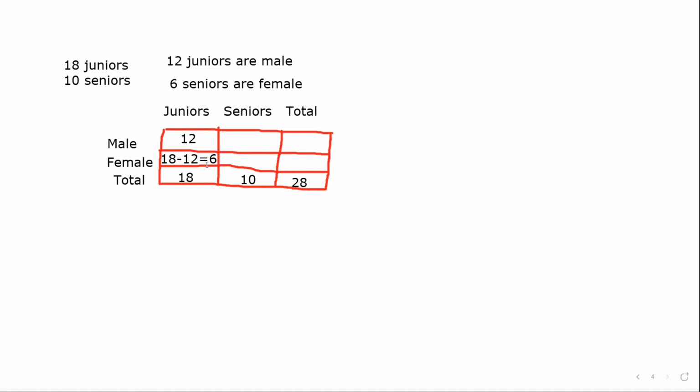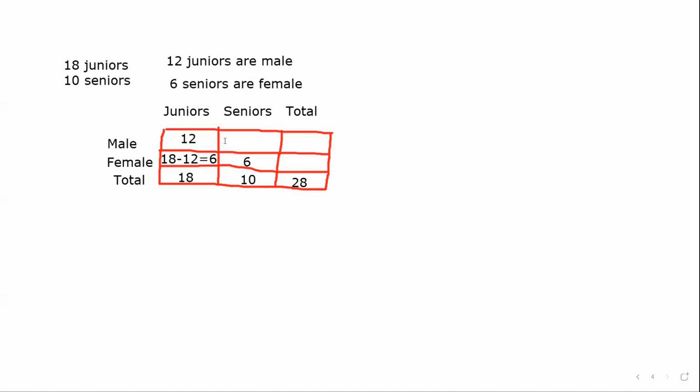So now 6 seniors are female. How many male seniors then do I have? 10 minus 6, which is 4. There are 4 male seniors. Very good.